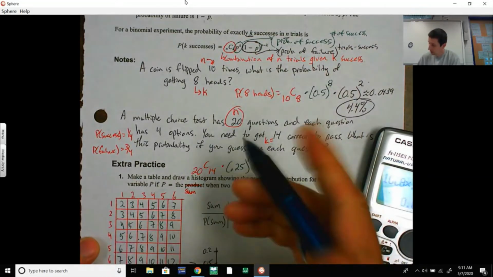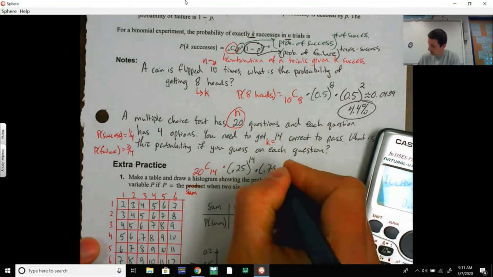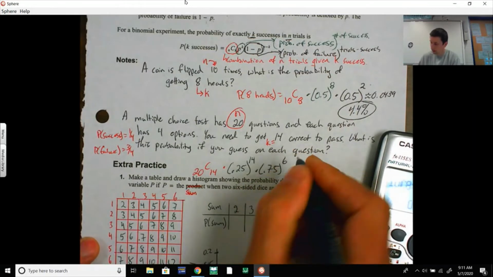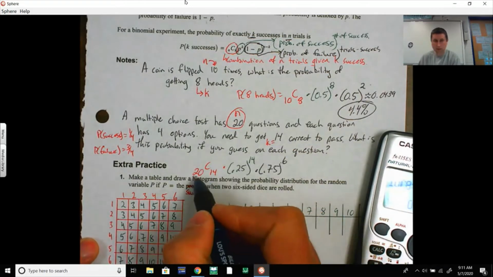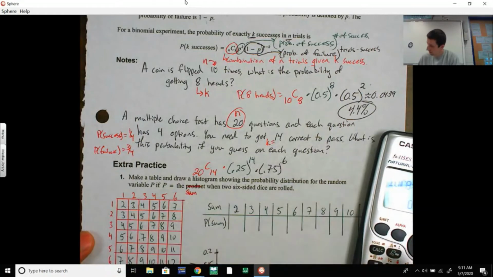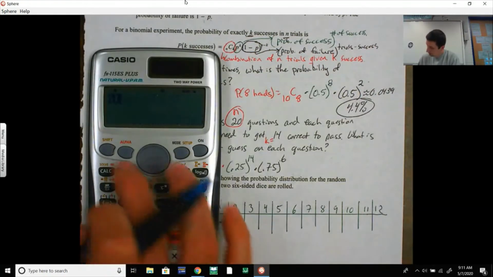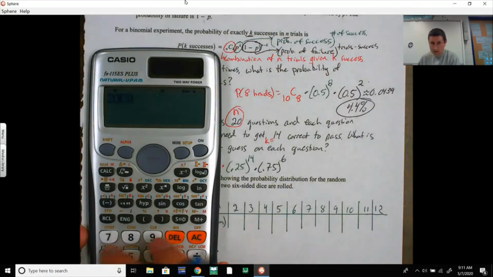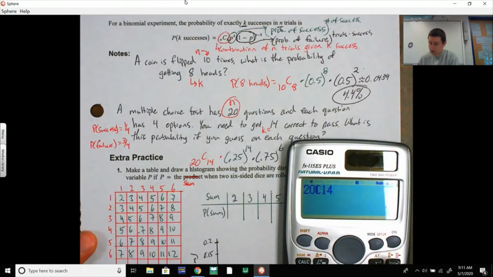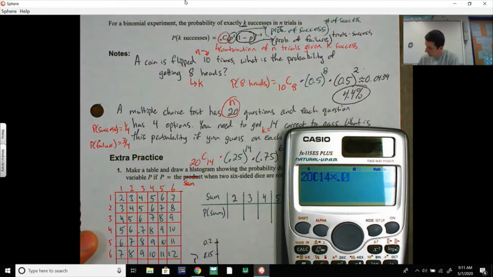And then the probability of failure is 0.75, and I can do that 6 times. 14 plus 6 has to equal 20. So 20 choose 14 times 0.25 raised to the 14th power, times 0.75 raised to the 6th power.